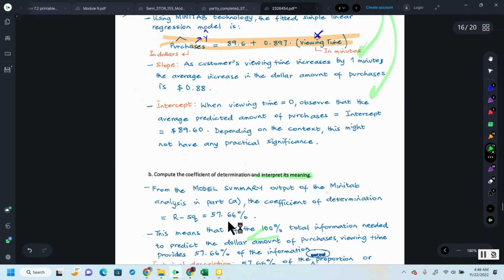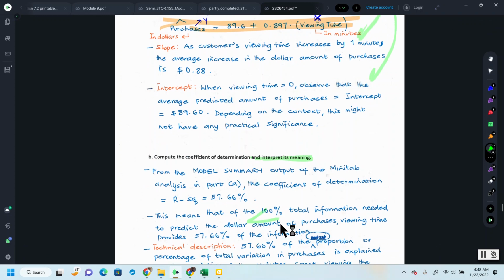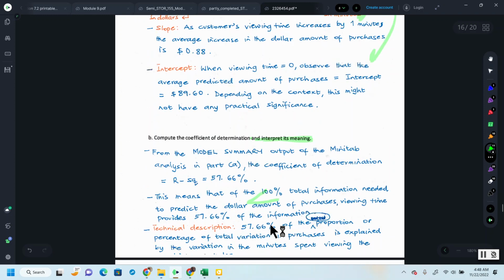There are other variables that account for the remaining percentage of information we need to predict purchases accurately.